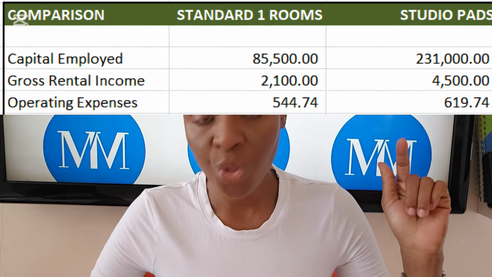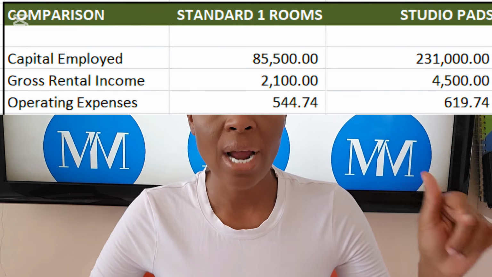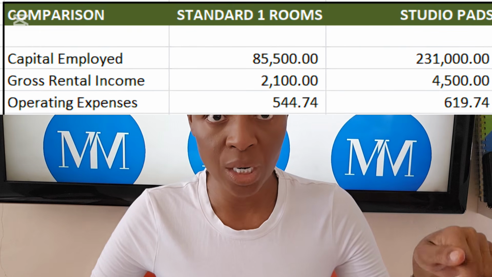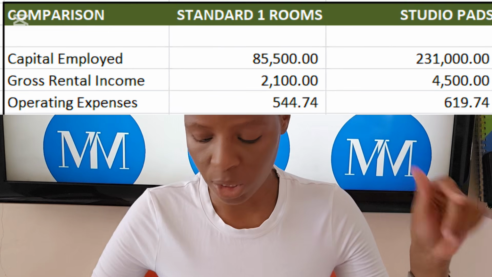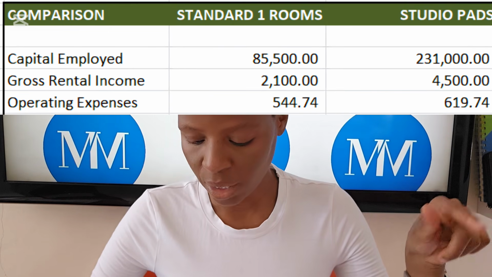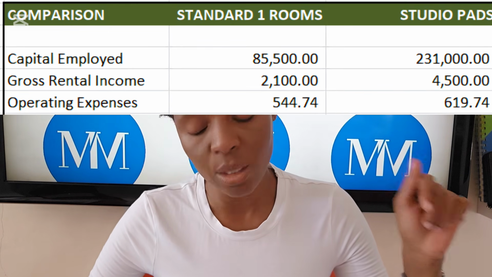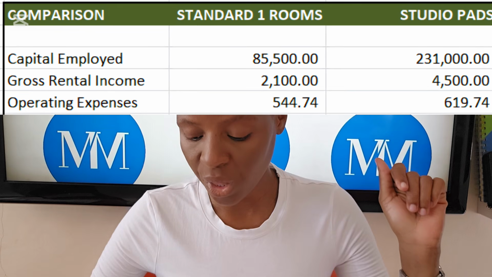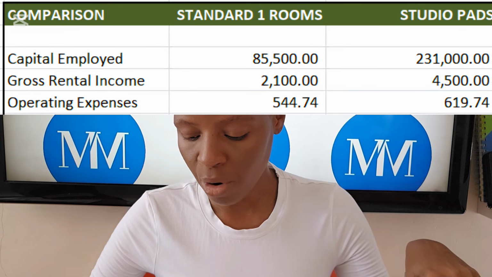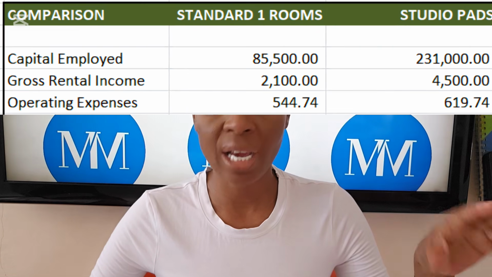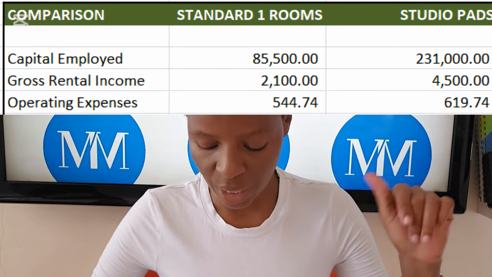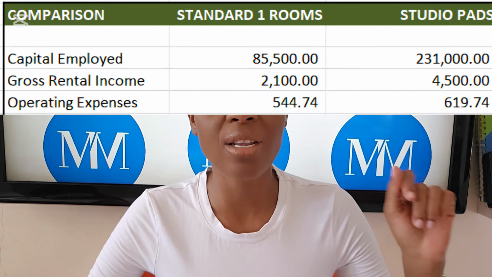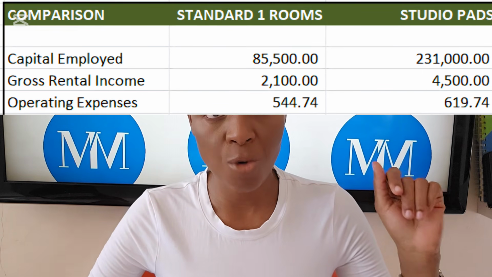It's made up of 300 pula for electricity, so 100 pula from each unit goes towards electricity, and an apportionment for water, 150, which is 50 pula per unit. And there is also 94 pula, 74 thebe, which is made up of cleaning and garbage collection, which is about 31 pula and a few thebe per unit. That will give us a total of 544 pula, 74 thebe.